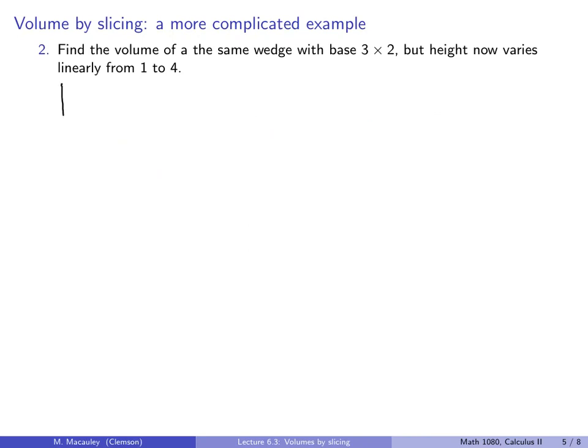As before, we have width 3, and it's going to have depth 2 on both sides. But now on the left side, it's going to have height 1, and on the right-hand side, it's going to have height 4. So it's going to look something like that.